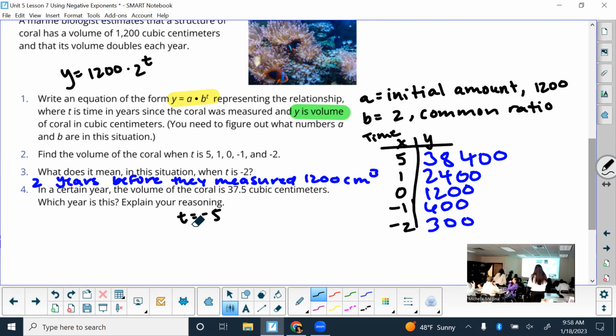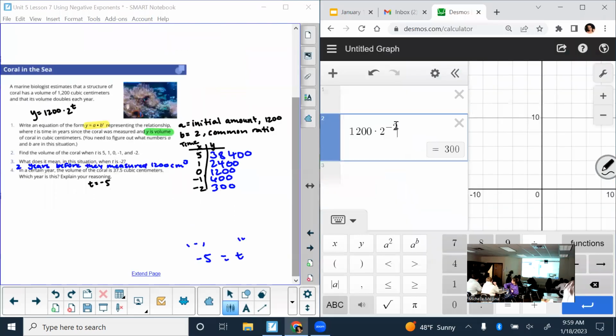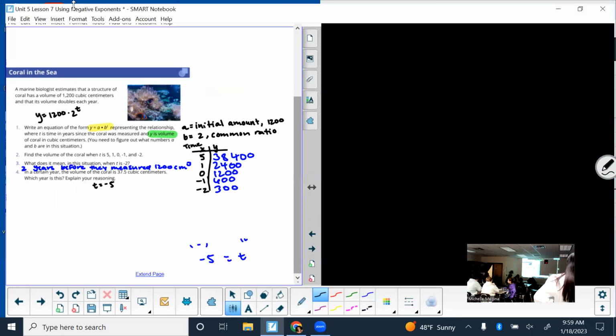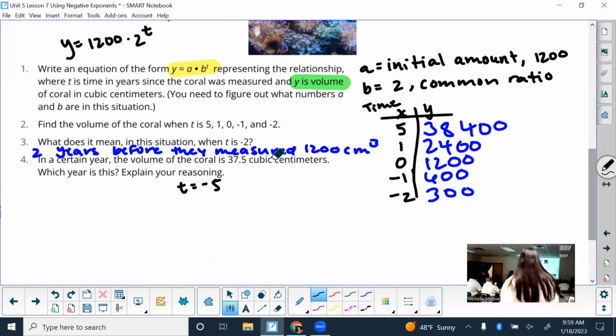Anyway, so let's see. T being -5, does it give us the volume they say? All right, yes, it does. So that is correct. Peyton, how'd you figure it out? Okay, guess and check. That's not a bad method. As you can see on the table, when the x's get smaller, what happens to the number?